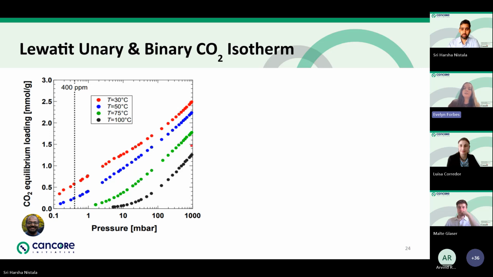And what you can see is that you have an amount of CO2 versus a concentration at different temperatures. So as Harsha mentioned, at low temperatures, you have more CO2 capacity. And then when we get up to like 100 degrees, we have less CO2 capacity. But this is a unary CO2 isotherm.